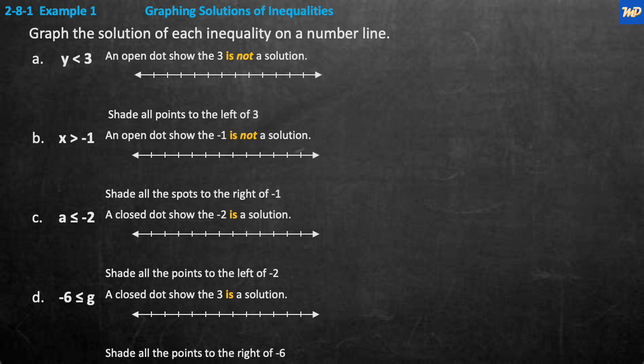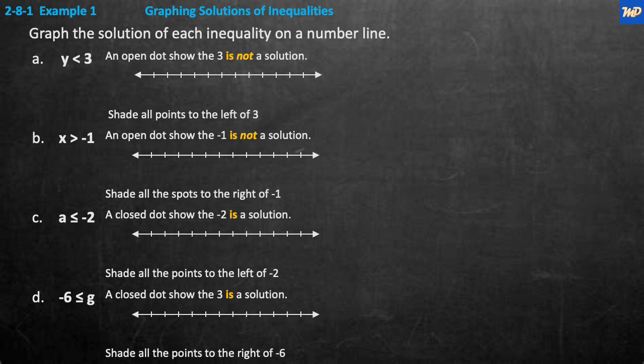Okay, example 1, graphing solutions of inequalities. Graph the solution of each inequality on a number line. There are 4 of them here, and we're going to start off with the first one at A, and we're going to do the graph. It says y is less than 3. We're not talking about or equal, just plain less than.